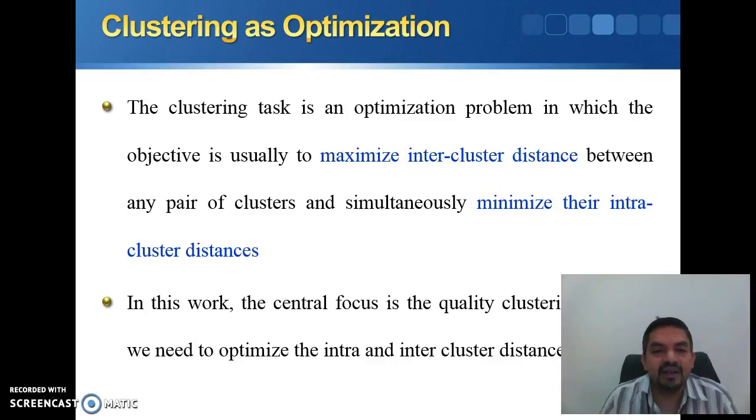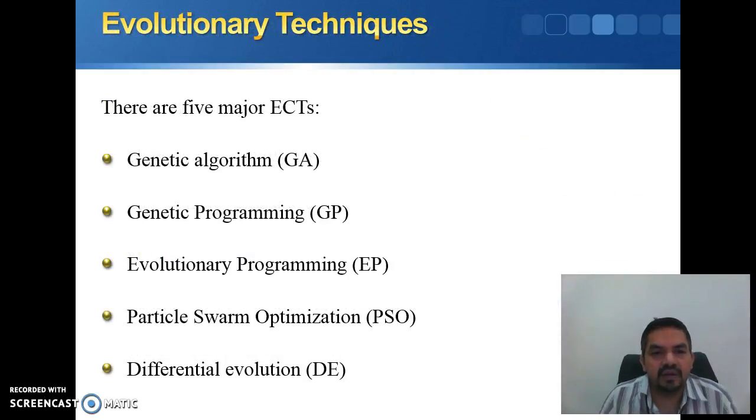Clustering can be termed as optimization, because in clustering we want maximum inter-cluster distance and minimum intra-cluster distance. So in this work, the central focus is the quality of the clustering, wherein we need to optimize the intra and inter-cluster distances.